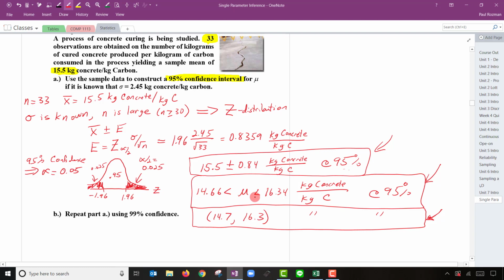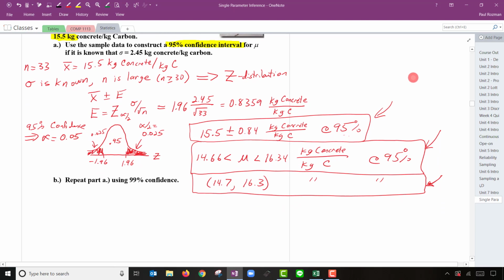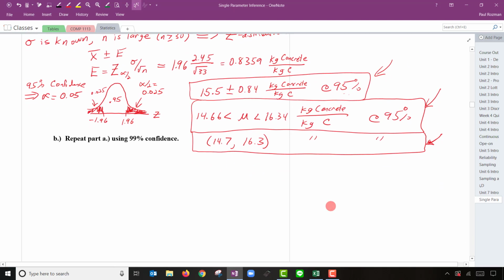Because if I got 33 other values, I'd get a different range, and I couldn't say there's a 95% chance it's in this range and a 95% chance that it's in some other range. That just wouldn't make sense. So that's a subtle little difference between why we might say it's confidence rather than just saying the word probability.